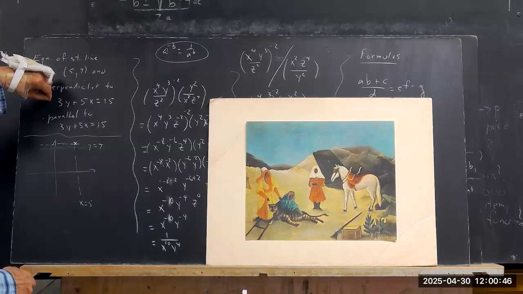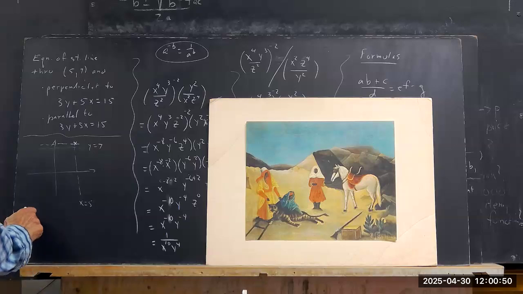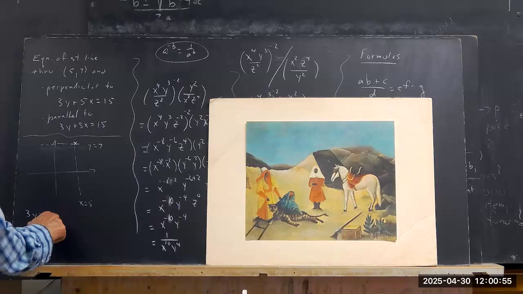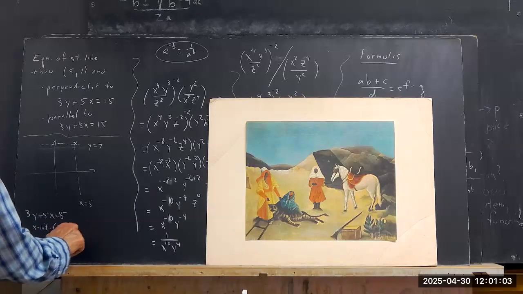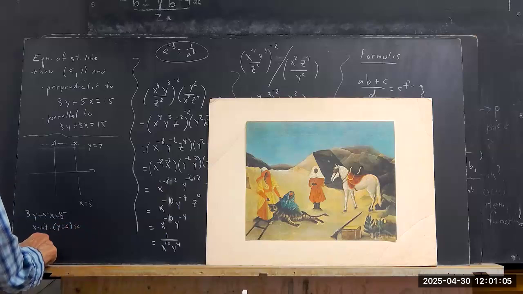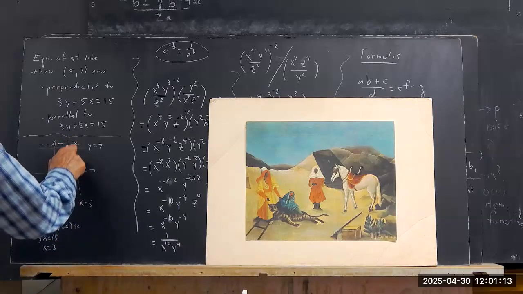First of all, let's do the line 3x plus 5y is 15. The x-intercept occurs where y equals 0. So 5x equals 15, x equals 3. So we have it here at x equals 3.